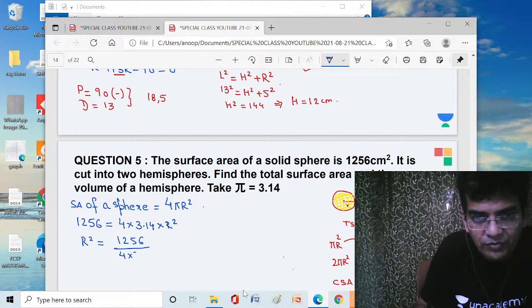Okay, now the question says find the total surface area and the volume of a hemisphere. So for one part, this hemisphere, you have to calculate the total area.